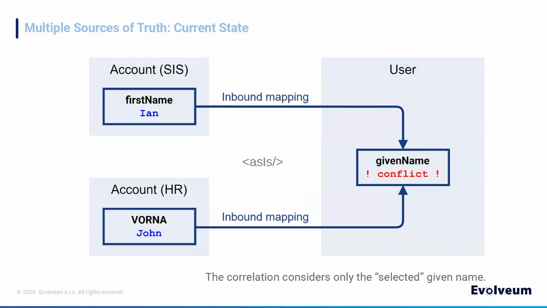As we said at the beginning, due to various reasons, a piece of information like the name, title, or date of birth, and similar, may have different values in individual sources. Until the data are fixed at the sources, midPoint must cope with those differences somehow. And this is where multi-source feature steps in.